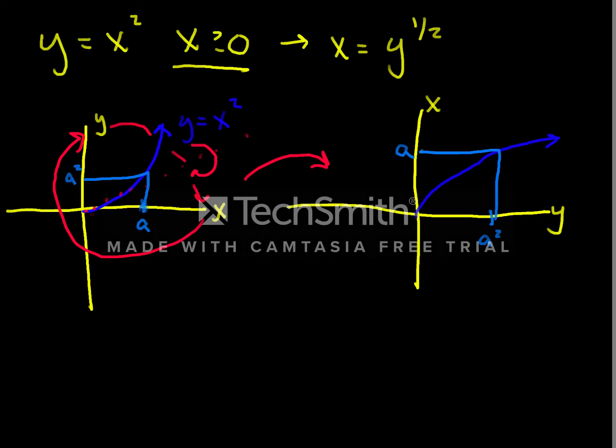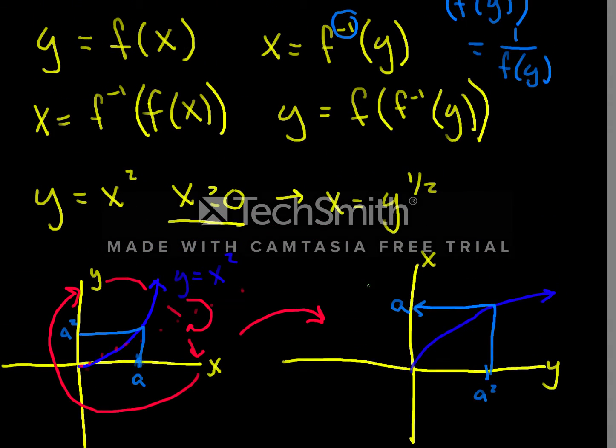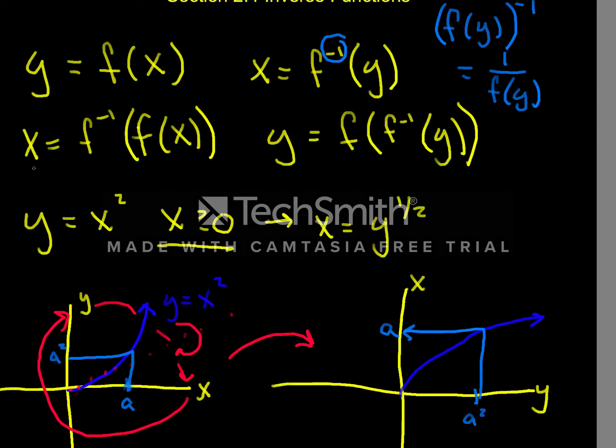So this kind of undoing makes their graphs identical if we flip it around. Or back to the idea that it undoes the function: if I apply f inverse to f, I get back to where I started, whereas if I apply f to f inverse, I also get back to where I started.